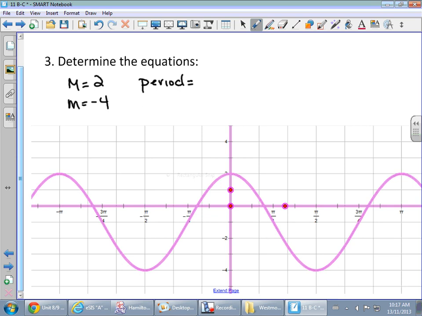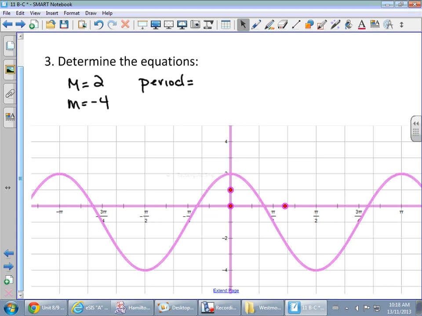The period. What's the period of this function? Pi. How did you get that? Okay, so you used the original cosine curve, right? So what Caitlin did is said, okay, the cosine curve is here.